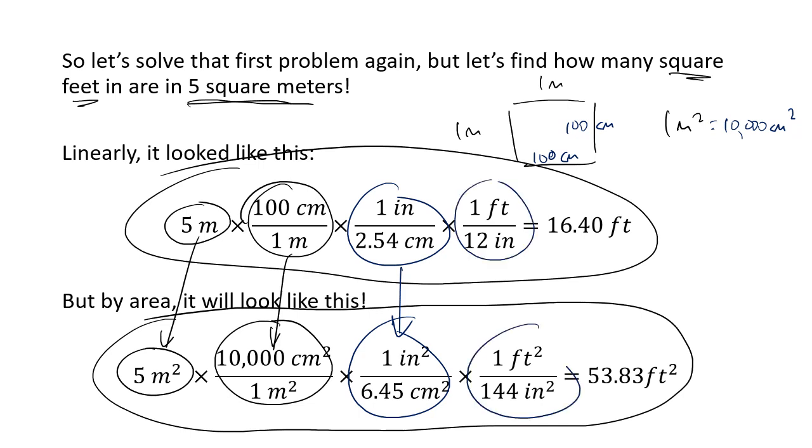The same thing's going to happen over here. 1 foot is 12 inches, so 1 square foot is going to be 12 squared square inches, or 144 square inches. And then the rest of it just solves out as normal. So 5 times the 10,000 makes 50,000, divide by 6.45, divide by 1.44, and then I get 53.83 square feet.